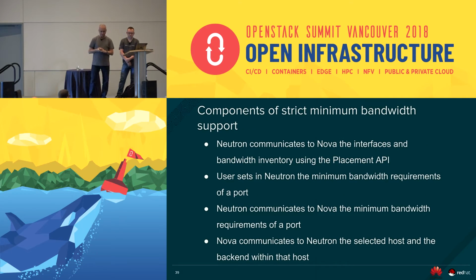So to be able to do this, we need four steps for this to happen. First of all, we need Neutron to communicate to Nova the bandwidth resources that we have in the different compute nodes.